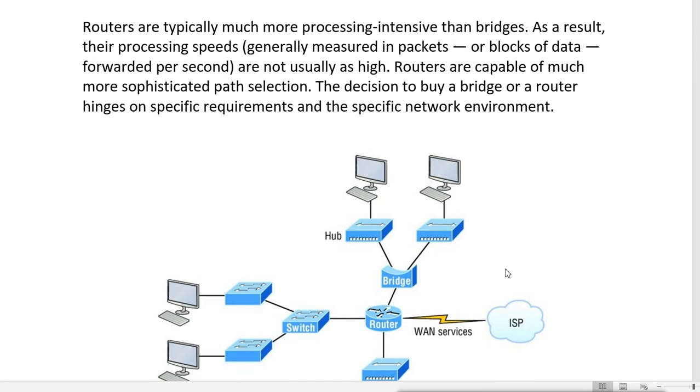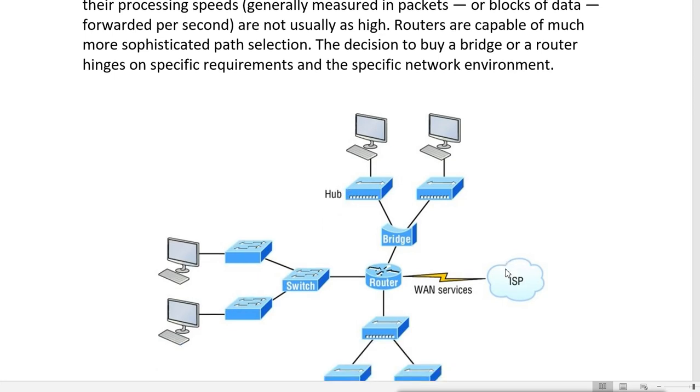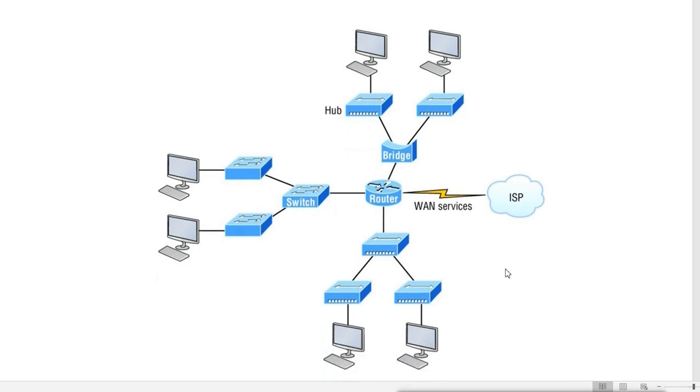Routers are capable of much more sophisticated path selection. The decision to buy a bridge or a router hinges on the specific requirements in the specific network environment. It is not like you connect the bridge or switch where it requires a router, and you can't connect the router where it requires a bridge. Very simple if you say.